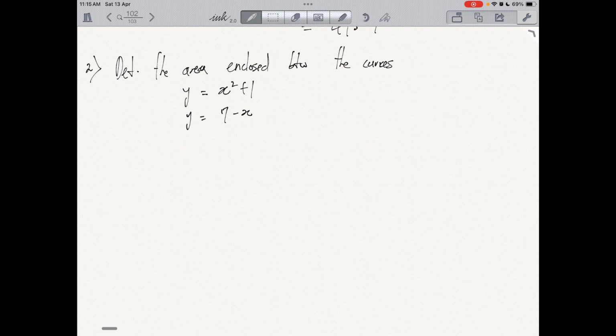Now to solve this, we are going to look at the point of intersection between the two curves. That means we are going to equate the two y values. So we have x squared plus 1 equated to 7 minus x. This will enable us to find the point of intersection.